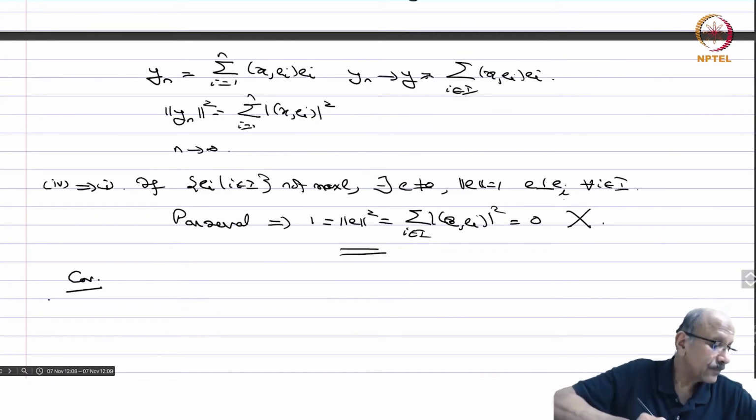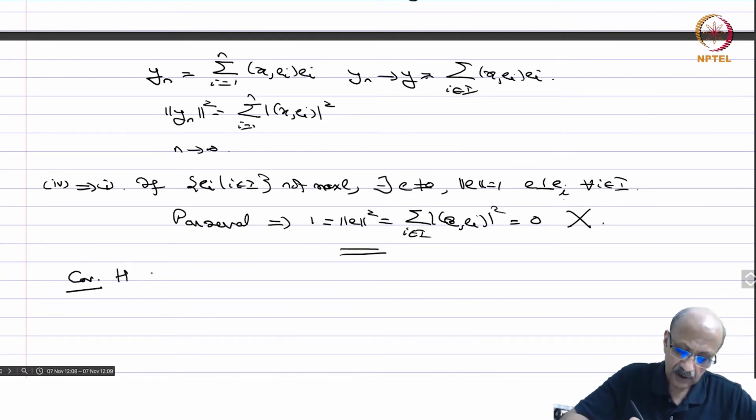Corollary. H Hilbert and e_i, i in I, an orthonormal set.